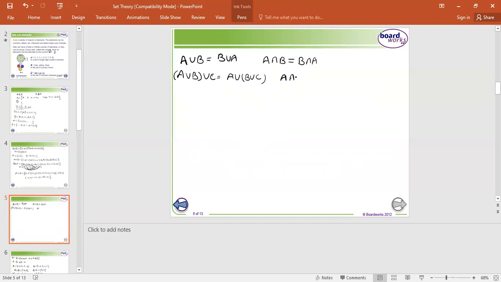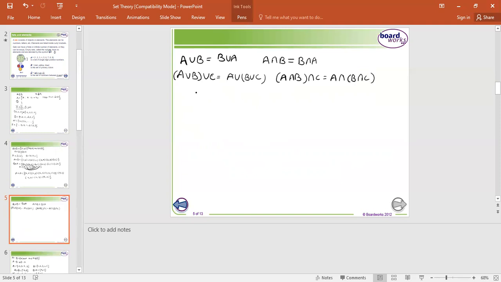First A intersection B will be intersected with C, and then A intersection B intersection C.